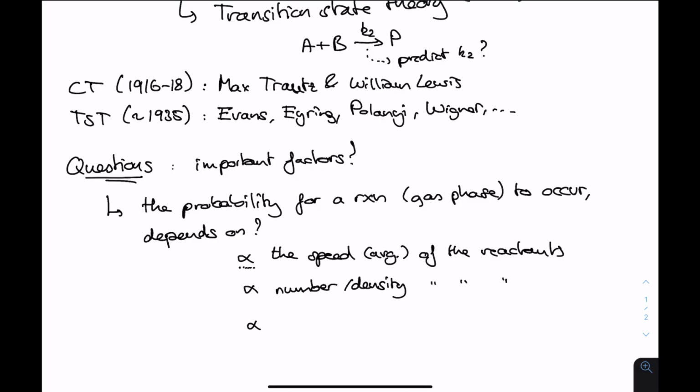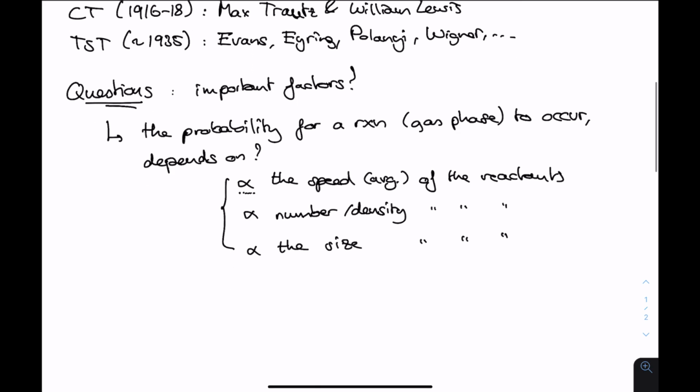And what else? What can you think of? The size of the reactants. Right? So these three together basically determine the frequency of collisions.